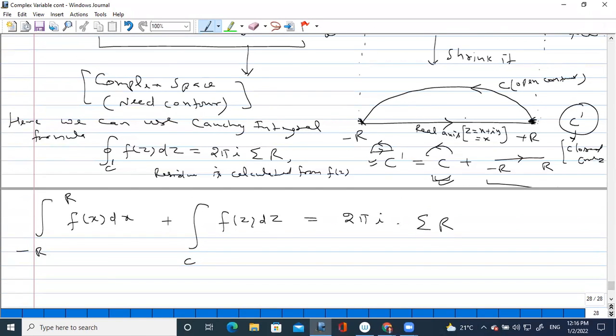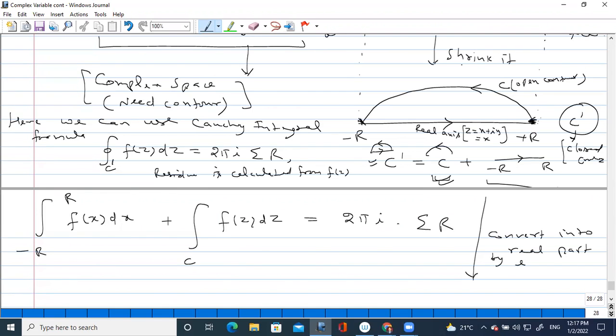Now again I have to convert this part. This was the complex part, and I have to convert it into the real part by extending.